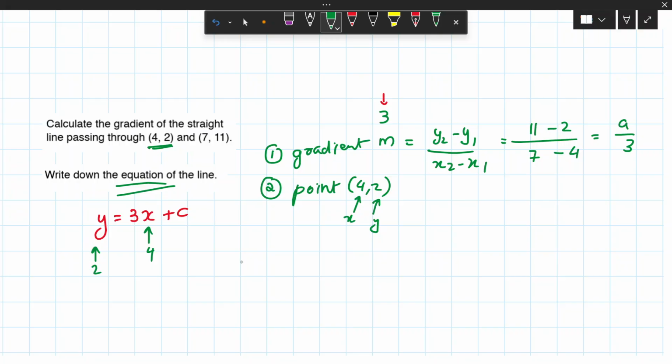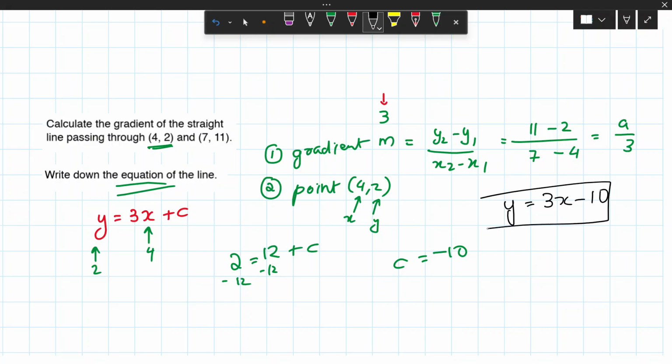So that means we're going to use 2 is equal to 3 times 4, which is 12, plus c. So take away 12 on both sides. So c is equal to 2 take away 12, which is minus 10. That means we can finally forge the equation y is equal to 3x minus 10. That's the equation of your line.